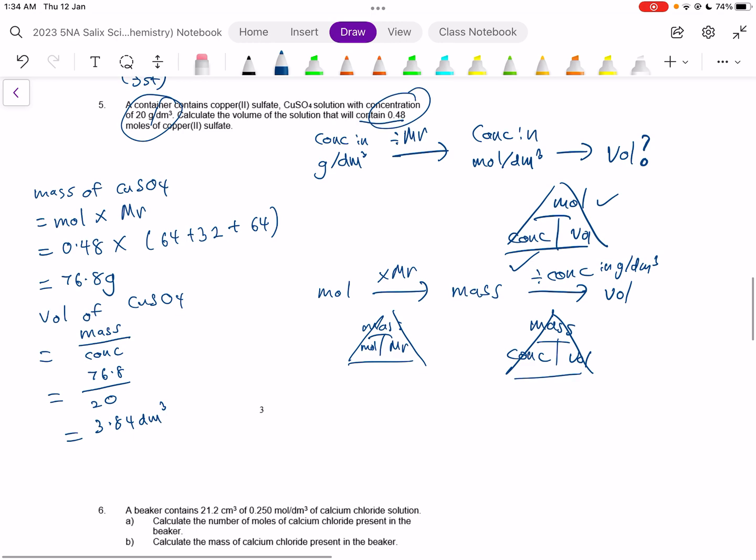If you are keen, you can try the other method. I'll just work it out quickly over here. You should get the same answer.